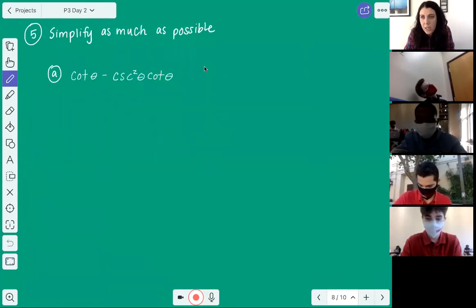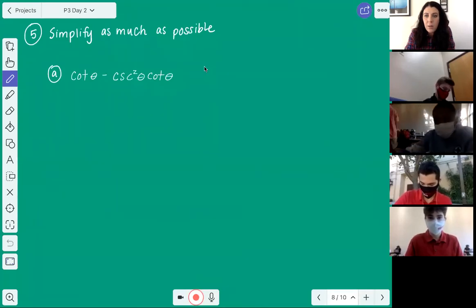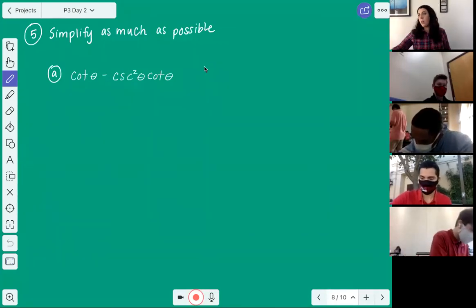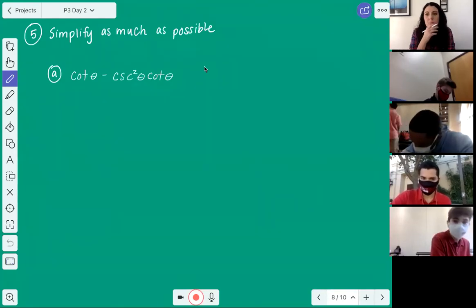Okay, we'll do this. Let's go to simplify and I'll call in some people. So start here: cotangent of theta minus cosecant squared of theta times cotangent of theta. Think about what you can do first.